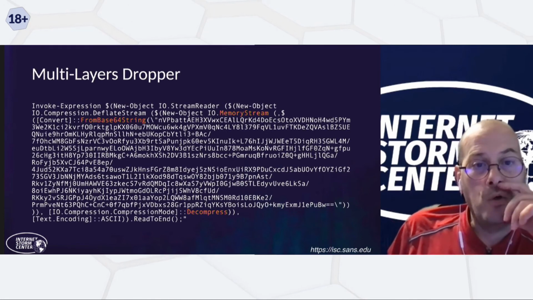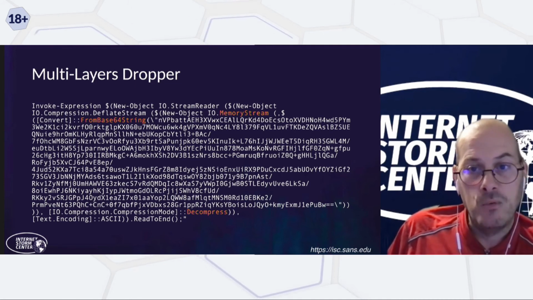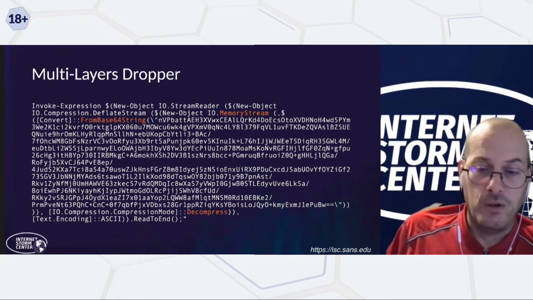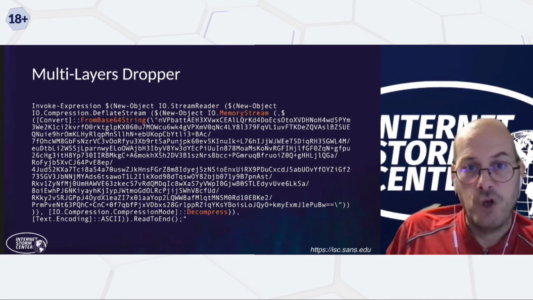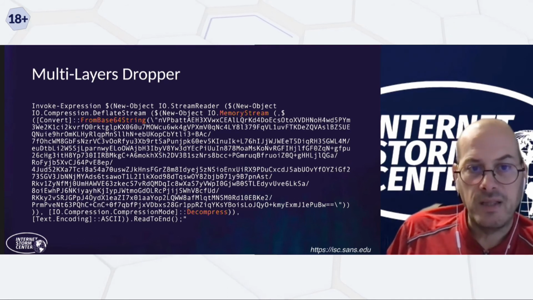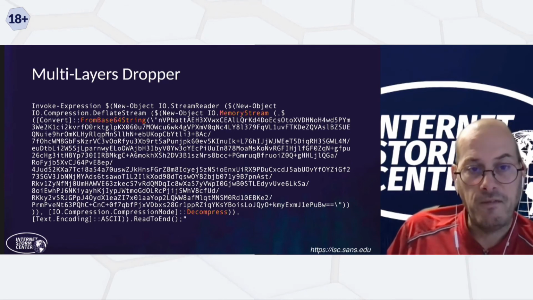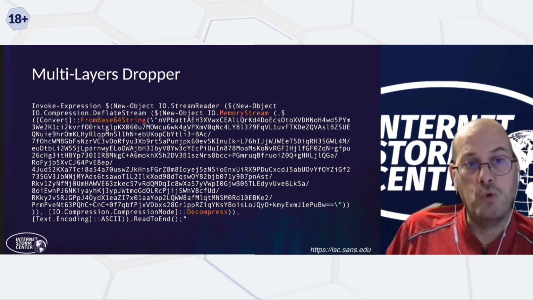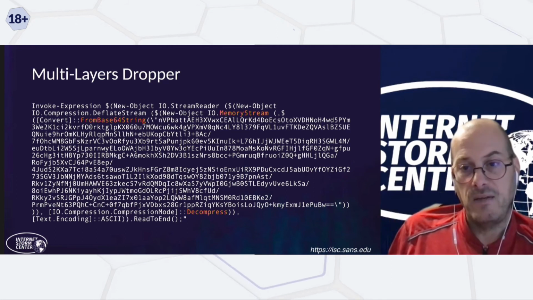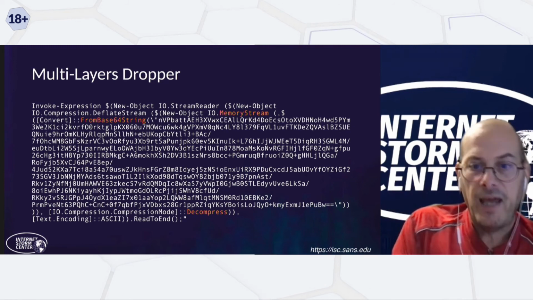Of course, you can have multiple layer droppers. Here we have something interesting because we have a payload which is downloaded, but the payload is encoded in base64 and is also compressed. So it means that before being able to call the invoke expression, you first have to decode the base64 string that you received, and then decompress the data.